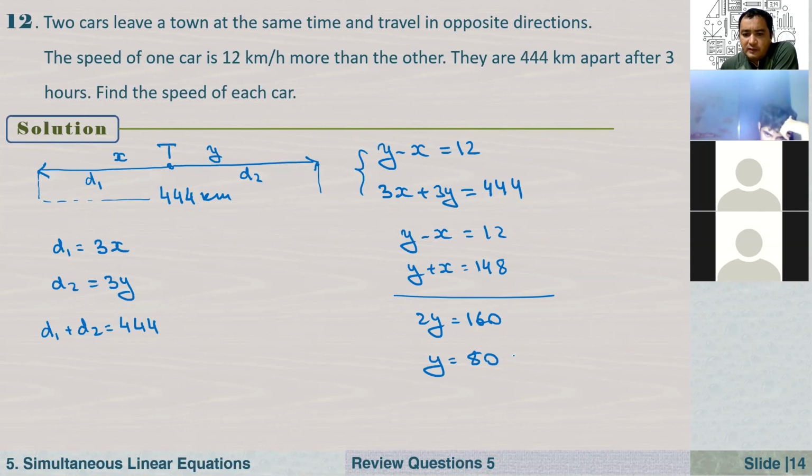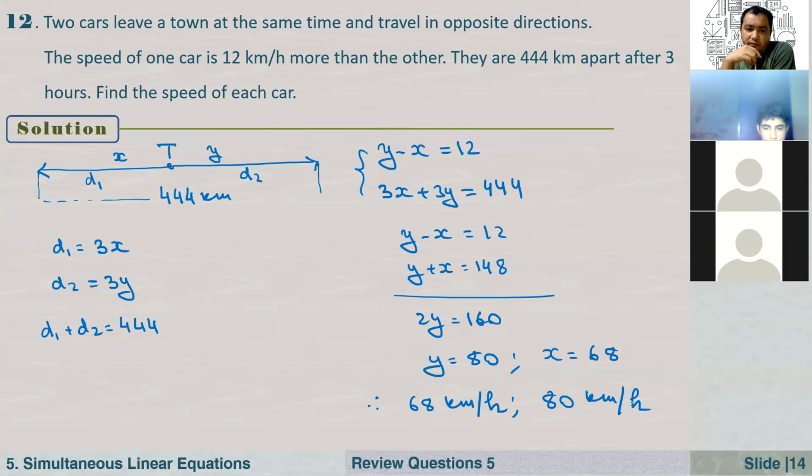Y equals 80. If y is equal to 80, x should be, what is it? 68, because 80 minus 68 equals 12. So actually, the first car is traveling at 68 kilometers per hour, and the second car was traveling at 80 kilometers per hour. Find the speed of each car. The speed of each car is 68 and 80.